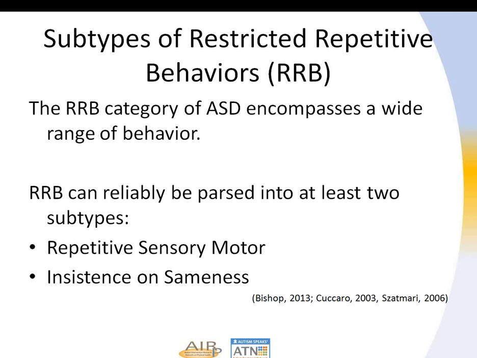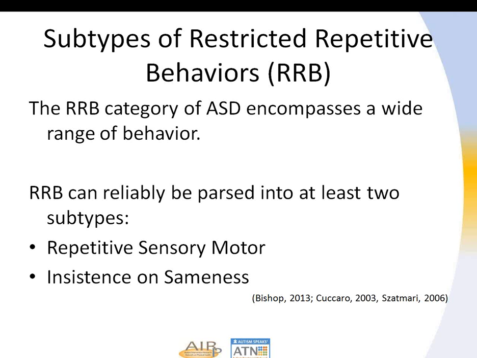Some groups have also found evidence for additional categories, including self-injury and circumscribed interests. Differences in the number of categories found may be related to specific sample characteristics as well as instrumentation. The majority of this research has used parent report data from the RBSR, which is Bodfish's Repetitive Behavior Scale, or from the Autism Diagnostic Interview, the ADI.